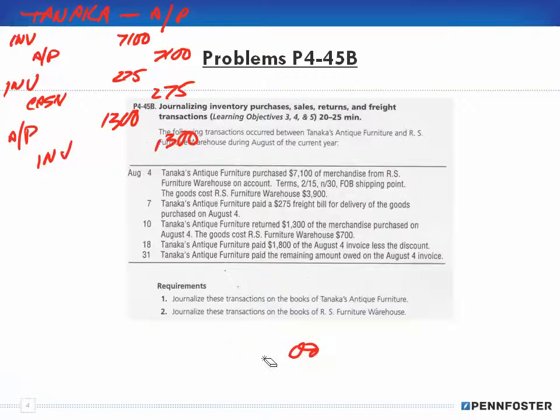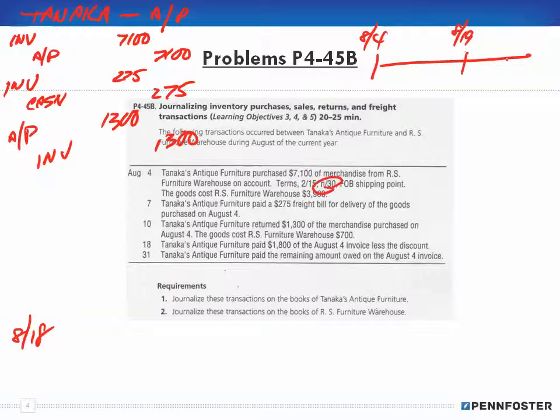All right, so on August 18th, Tanaka's Furniture paid $1,800 of the invoice less the discount. Now they're paying on the invoice, and the original purchase date was 8/4, and it's 2/15, so 15 days is 8/19, and then it's net 30, so August has 31 days, which means net 30 is going to be 9/3.